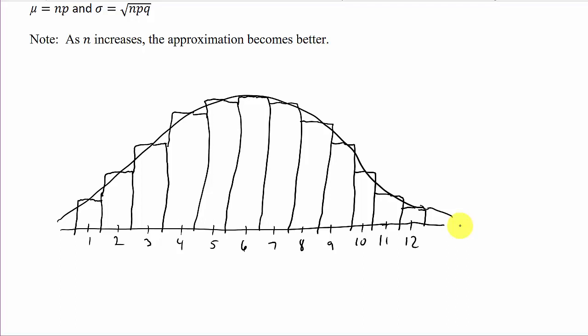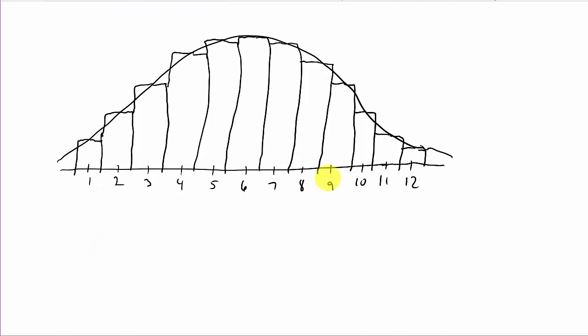This is where the continuity correction comes in. I know this n here is not that big. When you're dealing with these types of problems, you may be dealing with n of 100 or 60 or something like that, but let's just look at this where n is about 12.